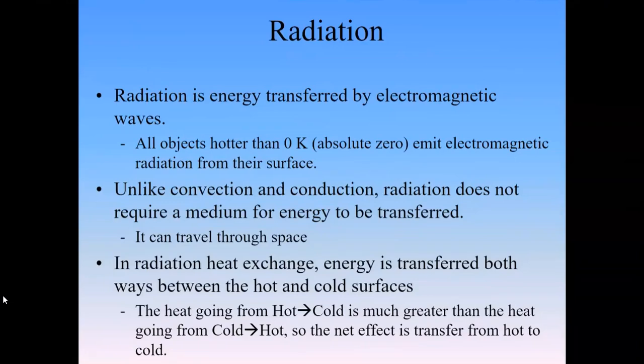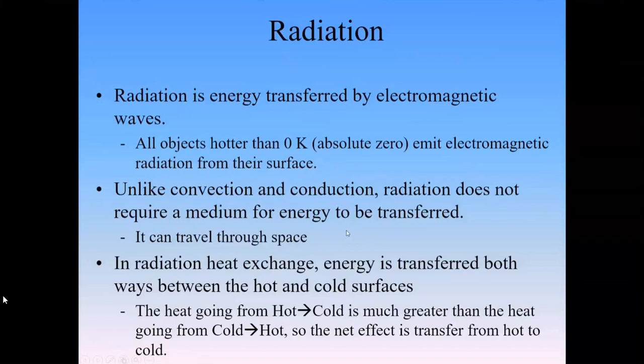But we have all kinds of different waveforms that get transferred using radiation. Everything that is hotter than absolute zero is going to emit some form of radiation from the surface. And the hotter things are, the more radiation gets emitted from any of those surfaces.